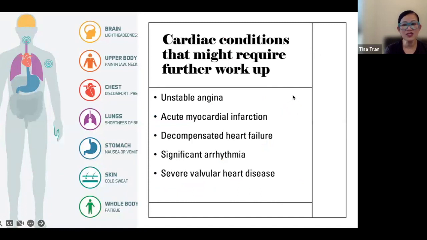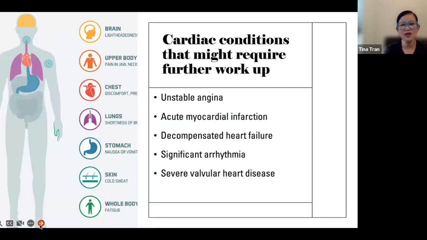And then cardiac conditions that might require workup, such as getting periodic EKGs. If they have unstable angina that's at rest or comes with activity, if they've had an acute myocardial infarction within 3 to 6 months, if they have heart failure that has decompensated to the point where they have symptoms coming on pretty quickly and acutely, if they have significant arrhythmias that are symptomatic or might cause perfusion issues, and severe valvular disease, all of this can be associated with acute changes in their functional status or other symptoms.